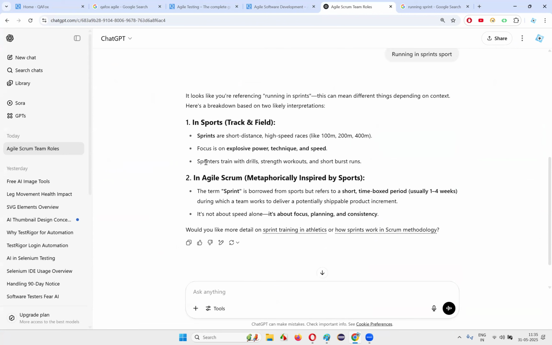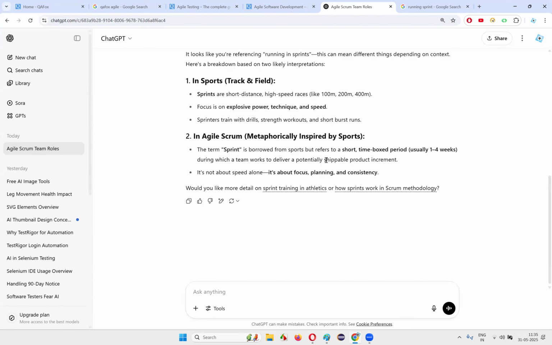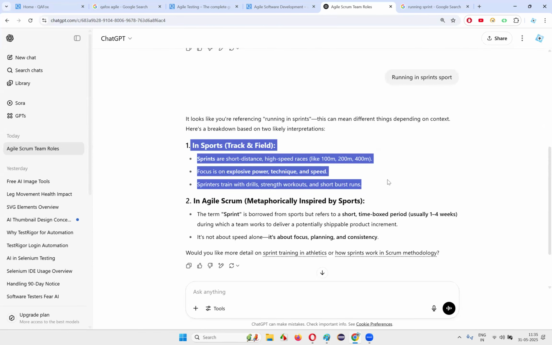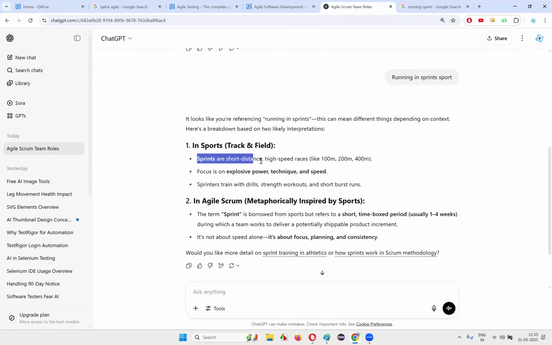Sprints are trained with drills, strength workouts, and short burst runs. This is for agile also. In agile, it has been inspired from sports. Sprints are short distance, high speed races, short duration, in a short span of time.